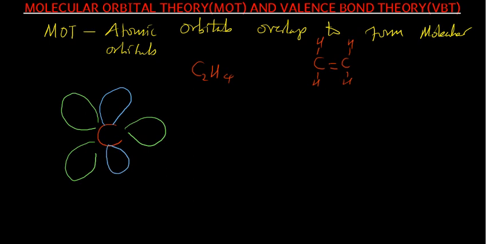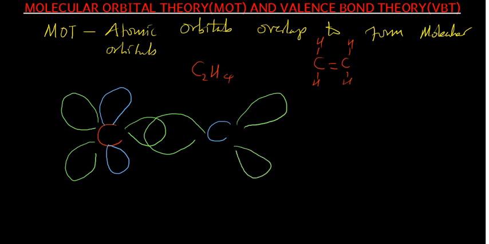And then we are going to have also another carbon, which has first these orbitals which are hybridized, and then the unhybridized orbital, which is the p. I've drawn these in green.